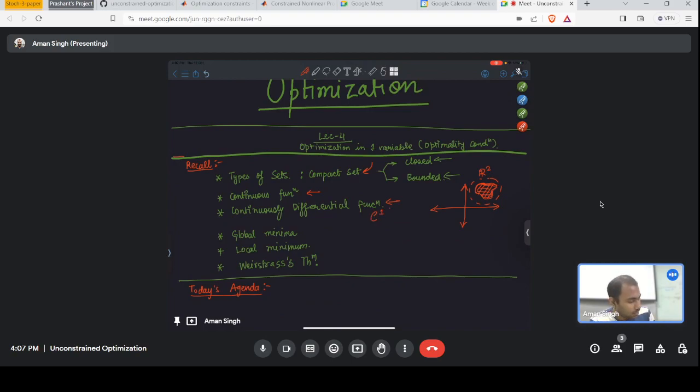This number on the top tells us how many derivatives exist and are continuous. So all the functions which belong to C1 have their first derivative as continuous, C2 means the second derivative exists and is continuous, and C0 by that definition means all the functions which are continuous. We'll use these terminologies in today's lecture, so it's better to state them here.